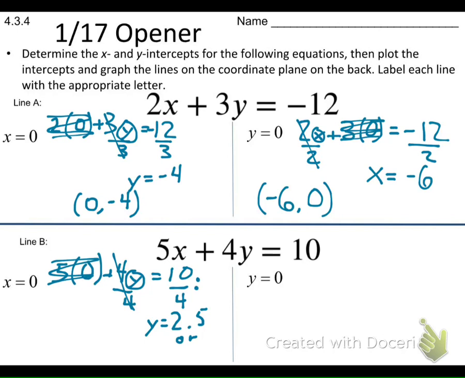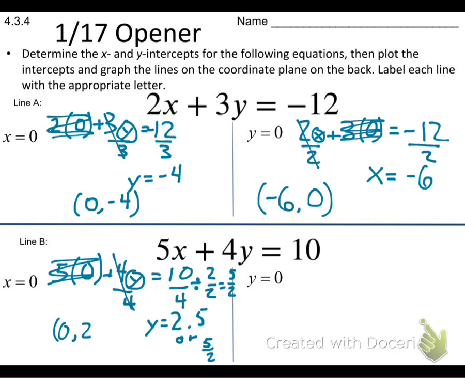So if we're doing divided by 2 over 2, 10 divided by 2 is 5, 4 divided by 2 is 2. So you can either write y equals 2.5 or 5 over 2. It is totally up to you. Both are correct. I'm going to do 2.5.